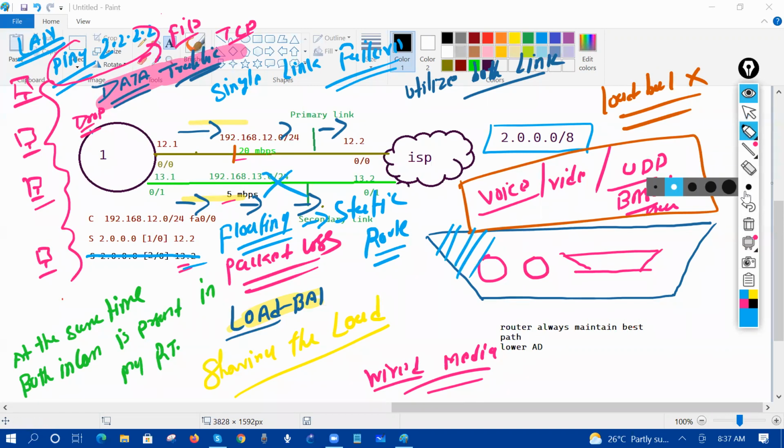This mechanism is known as a floating static route. So if the primary is available, I always send my traffic from the primary. If the primary is not available, the secondary comes into the picture. Again, if the primary gets back, the secondary goes down, or the secondary will disappear from the routing table.